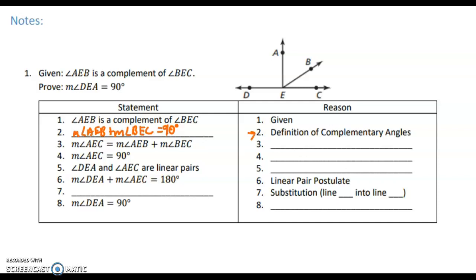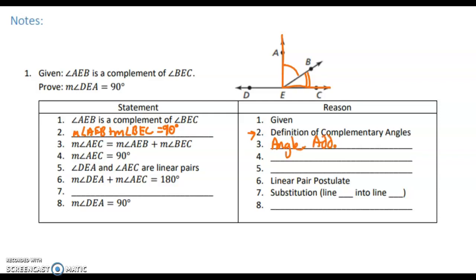Okay, now let's look at line 3. They said measure of angle AEC, that's this angle right here, equals the measure of angle AEB plus BEC. So that is just two angles added together equal the whole angle. That is the angle addition postulate.